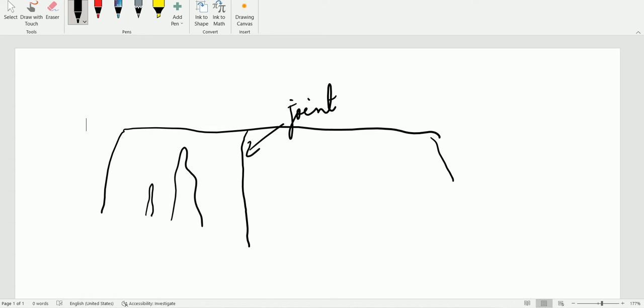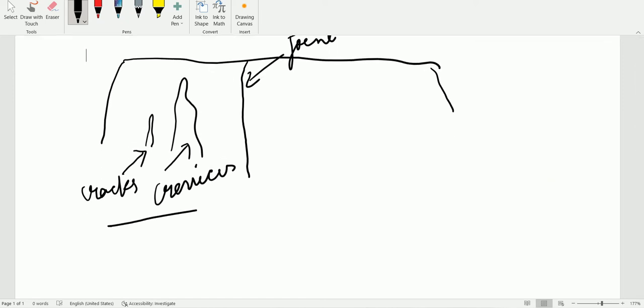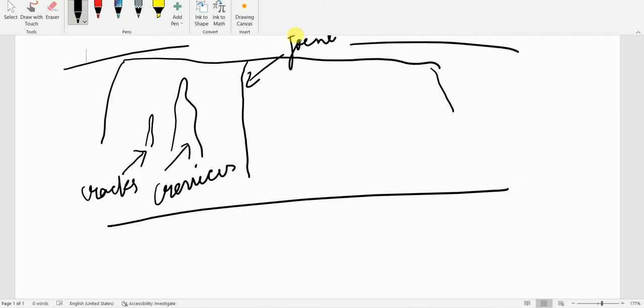break. So these are known as crevices, and the smaller one known as cracks. Okay, see, here let us say this is the crust.